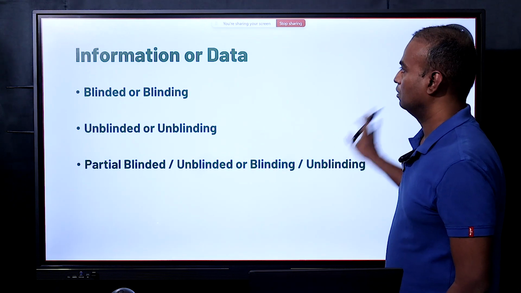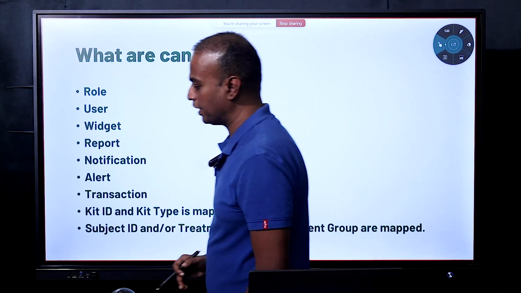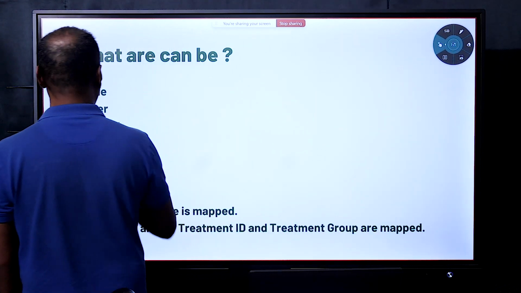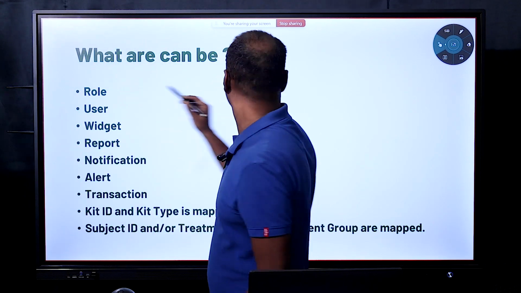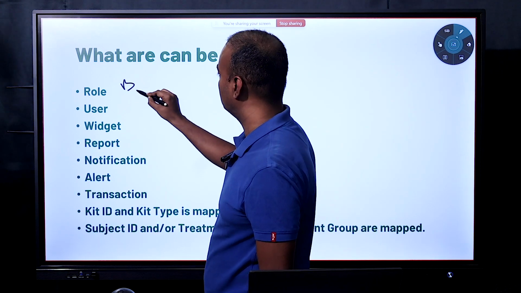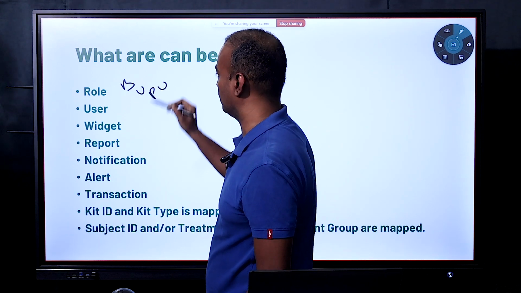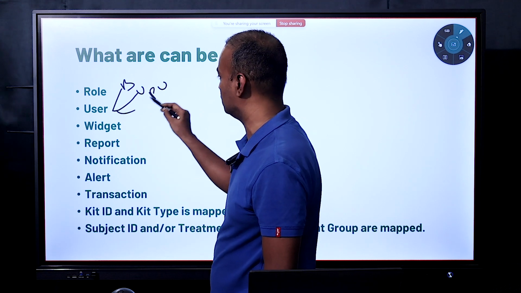Then the next important thing: what all can be blinded and unblinded. A role in the system, we have roles, right? A particular role in the system can be blinded, unblinded, or partially unblinded. A user can be blinded, unblinded, or partially unblinded.